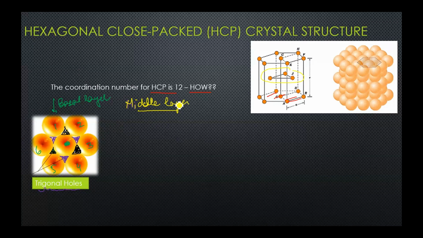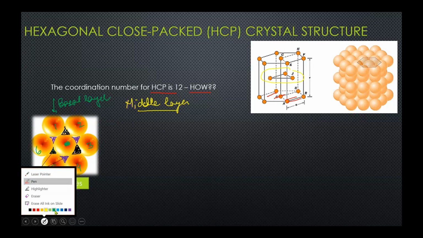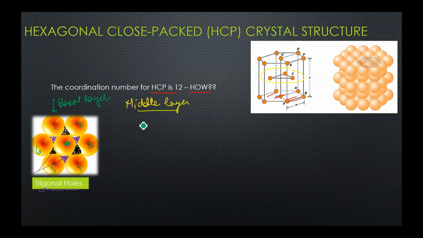Now, in order for the atoms to come on top of this basal layer, the three atoms would have to decide for themselves whether they are going to occupy the cavity where the vertex is facing downwards or the cavity where the vertex is facing upwards. So the cavities would have to define for themselves.